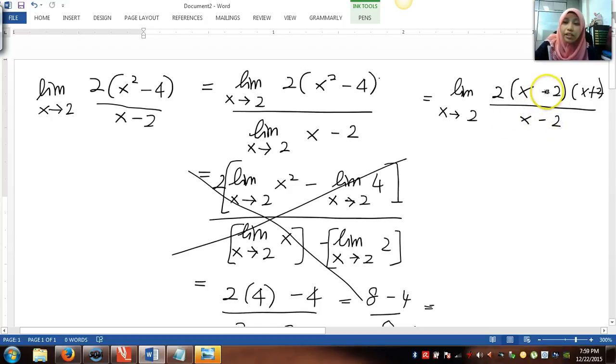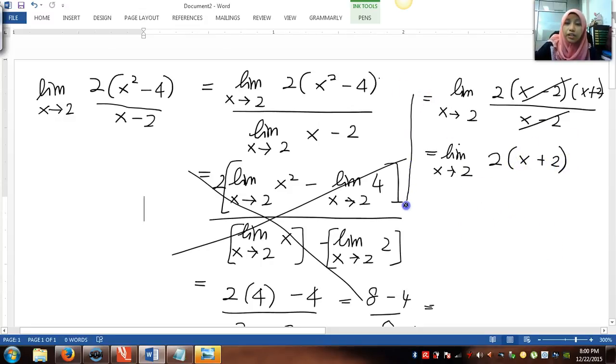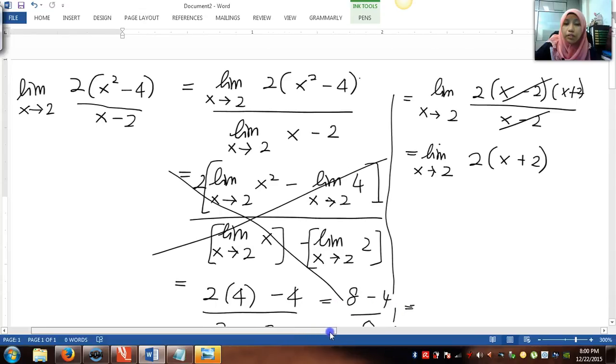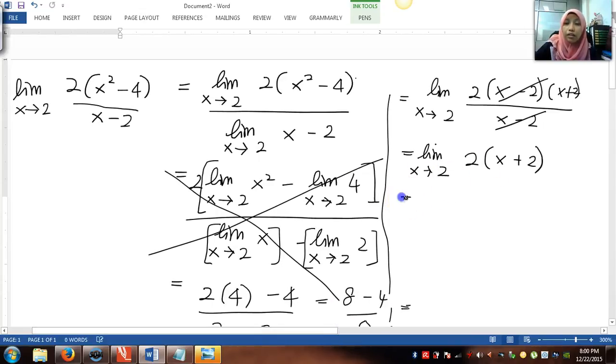So after this, we divide: (x minus 2) over (x minus 2) gives 1. So that we get the limit as x approaches 2 of 2 times (x plus 2). Actually this is the way you learn, because you make a mistake first, then you see the way is not suitable for you.